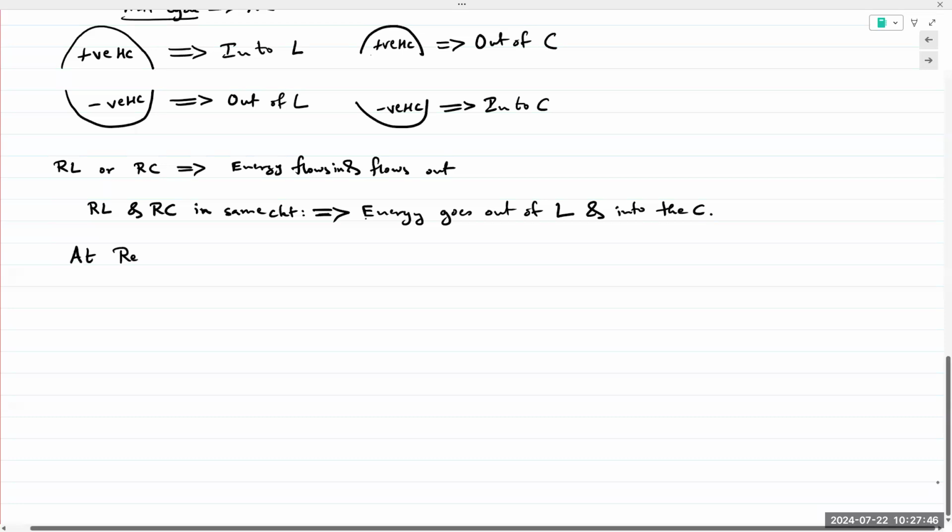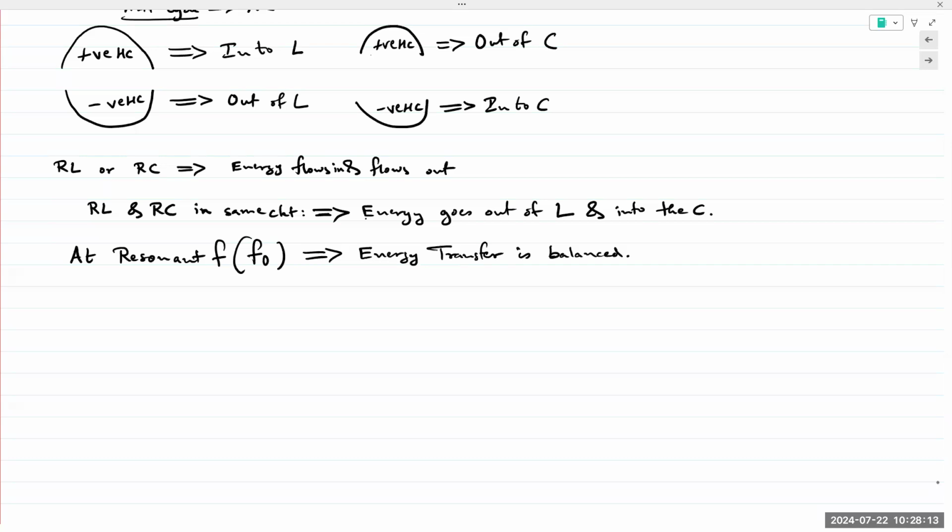So at resonant frequency, which is noted by F0, the energy transfer is completely balanced. Okay, energy transfer is balanced, meaning the capacitor and inductor do not require any further energy from the source.